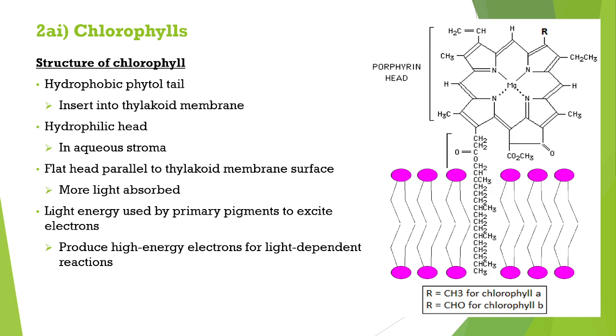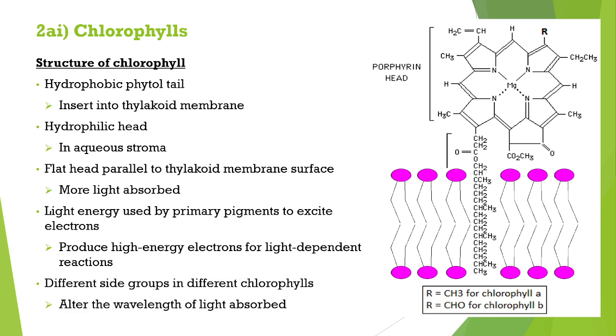Then the electrons can be used to make ATP and reduced NADP through the light-dependent reactions. So the ATP and reduced NADP will carry the chemical energy. That's why we say that light energy absorbed by the chlorophyll A especially is converted to chemical energy, in the form of ATP and reduced NADP through the light-dependent reactions. Again, you'll learn the process later.